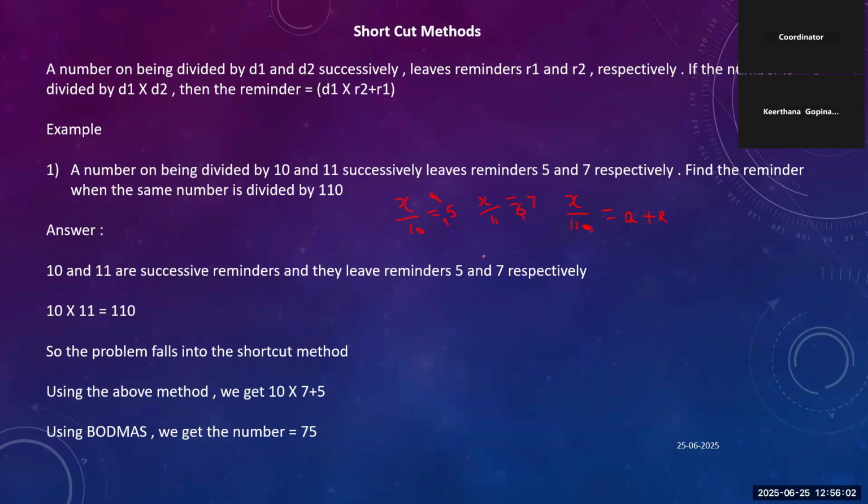Now the problem is, for this problem, how do we find x? By finding x, we have to find what is the remainder when we divide that x by 110.